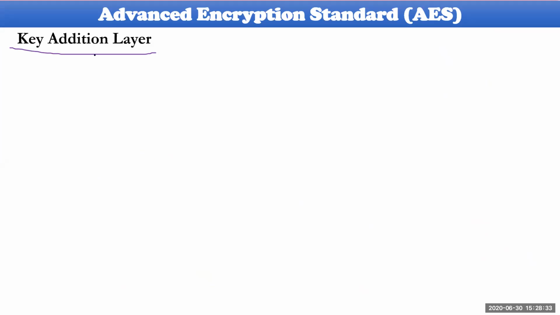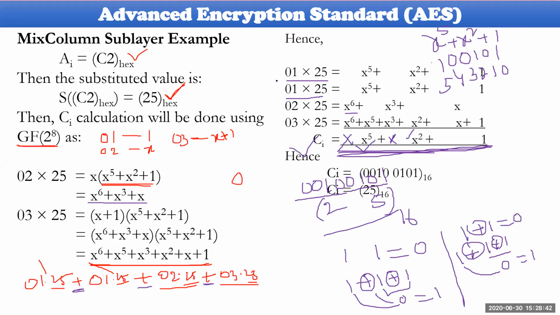Tomorrow I shall prepare, and I'll come to you with the key addition. Before that, I'll give you one more same kind of example, which gives you different kinds of values, not exactly 25. We will take some other values, and I'll give you a complete example.